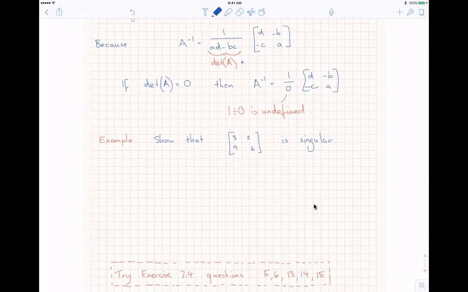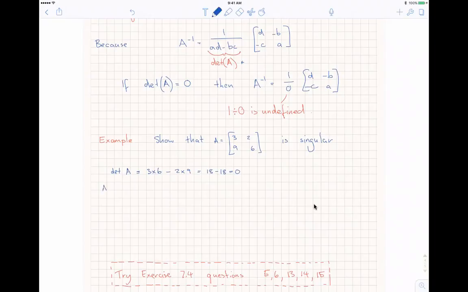If we're asked to show that this matrix here is singular, all we have to do is show that the determinant is equal to 0. So if we find the determinant, we'll call that matrix A. The determinant of A is equal to 3 times 6 minus 2 times 9, which is equal to 18 minus 18, which equals 0.